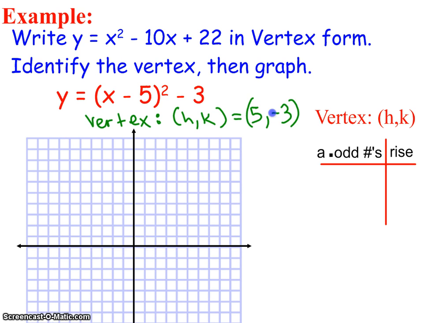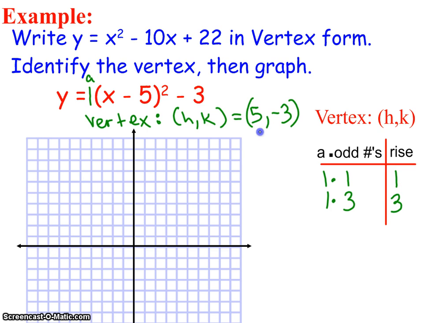Doesn't change. Multiply a. What's a here? 1, right. a is the number in front of the parentheses. Multiply a times your odd numbers. 1, 3, so on and so forth. You could just stop at 3. That will become your rise.